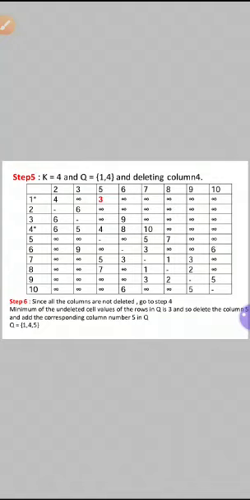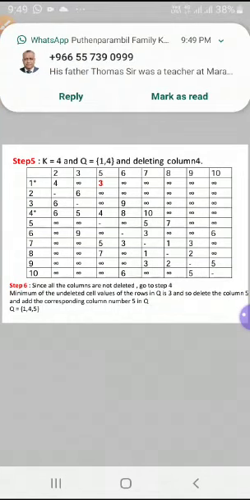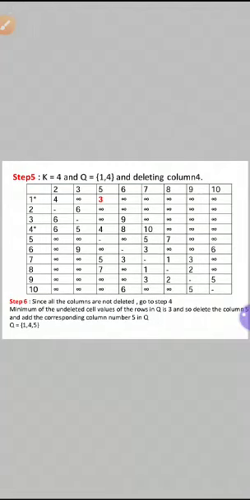Now look at the rows 1 and 4. For the next iteration, Q equals 1, 4, meaning first row and fourth row. Both are marked by stars. So look at the two rows and find the smallest number. Here the smallest number among the first row and the fourth row is 3, and 3 corresponds to column 5.